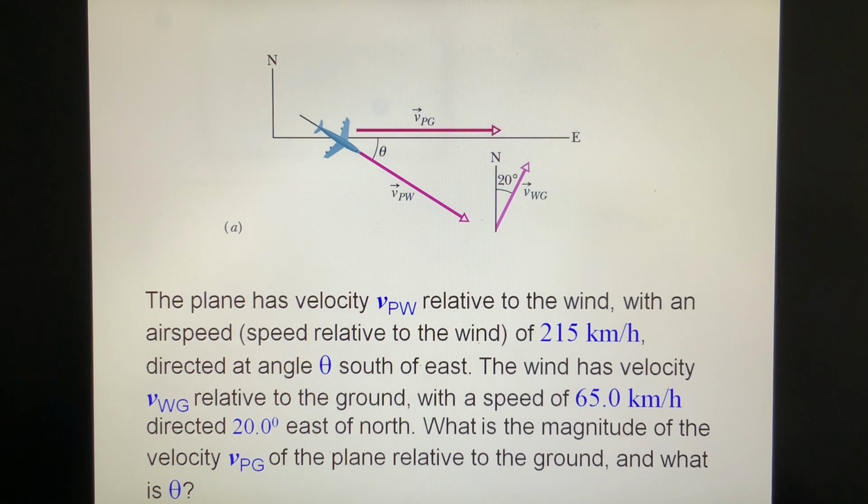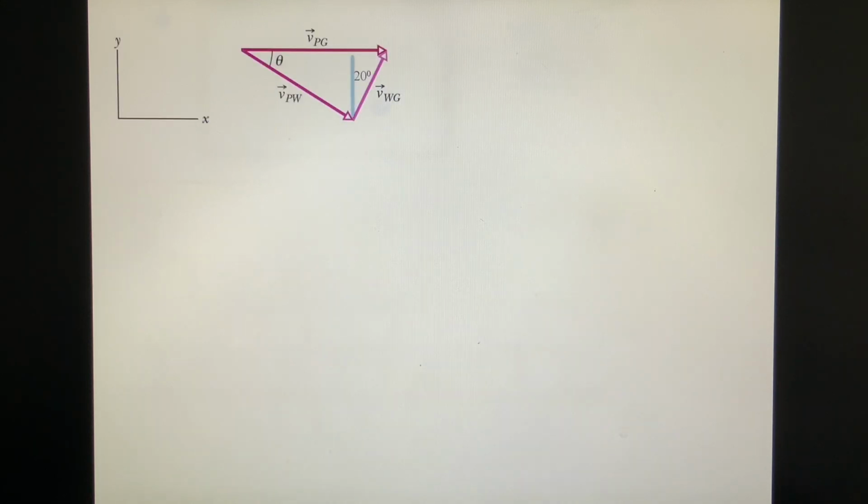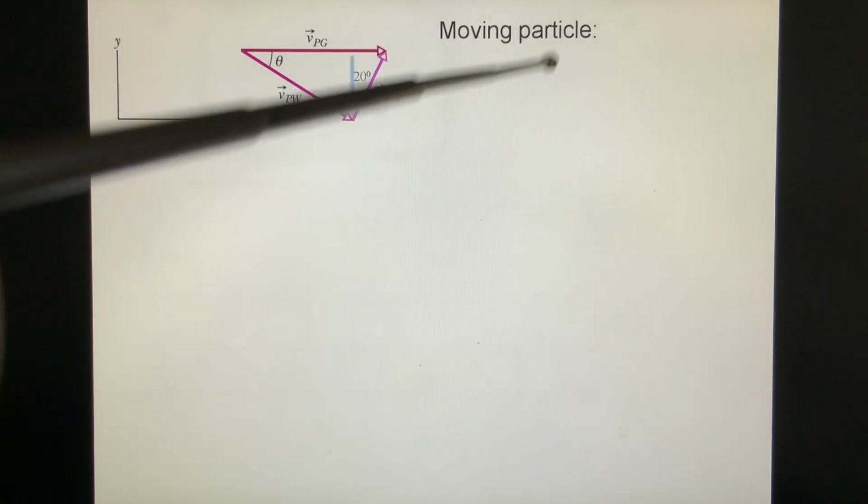And what is theta? We want to find out two things. Let's set the frame as XY.